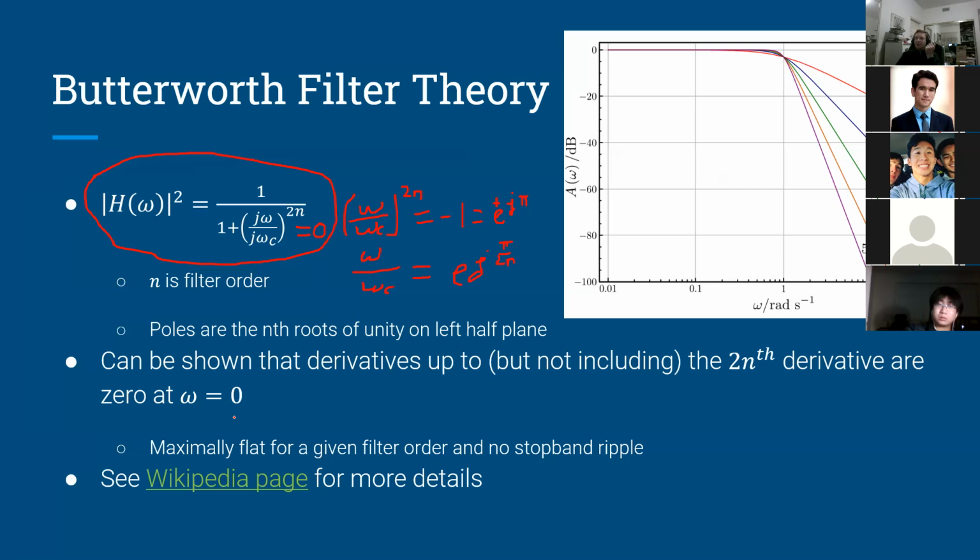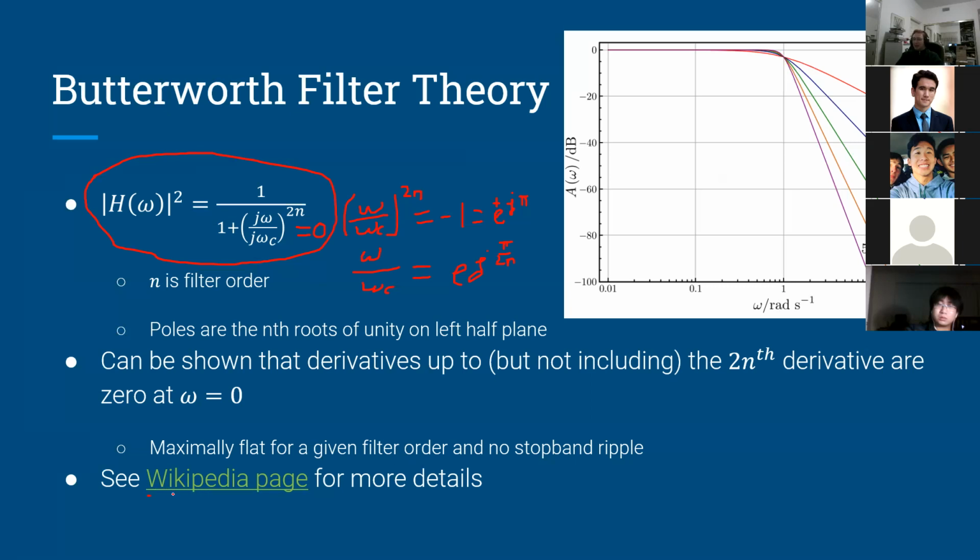By making the derivatives equal to 0, you're making that function as flat as possible in the passband. That's why the Butterworth filter is also called the maximally flat filter, assuming you have 0 ripple, because you can get flatter filters if you allow ripple in the stopband, but don't worry about that too much. So if you need a really constant passband, you use a Butterworth filter. That's basically it.